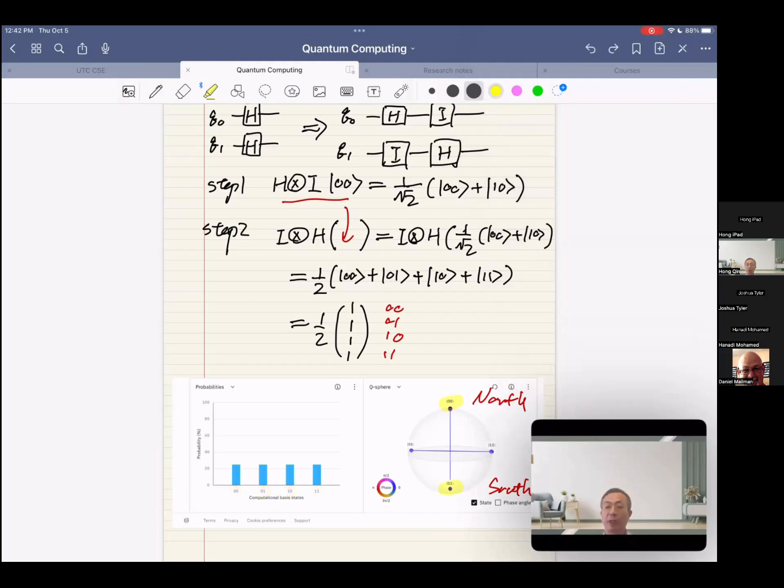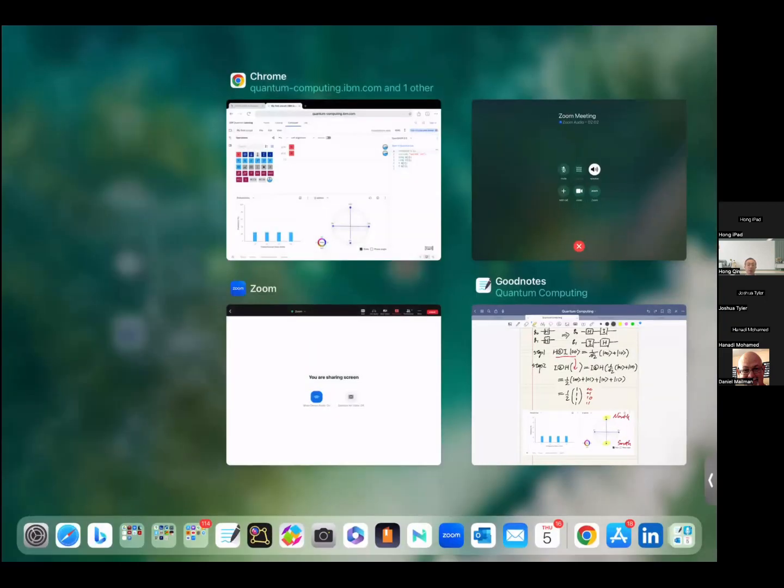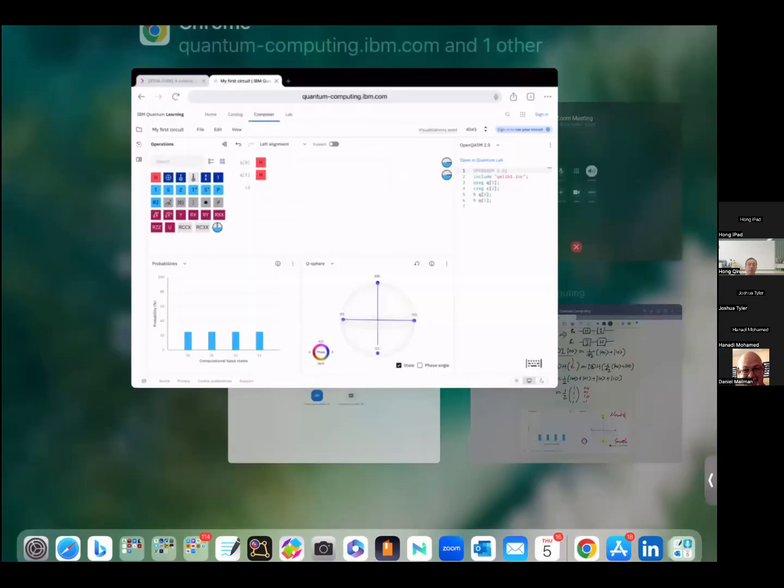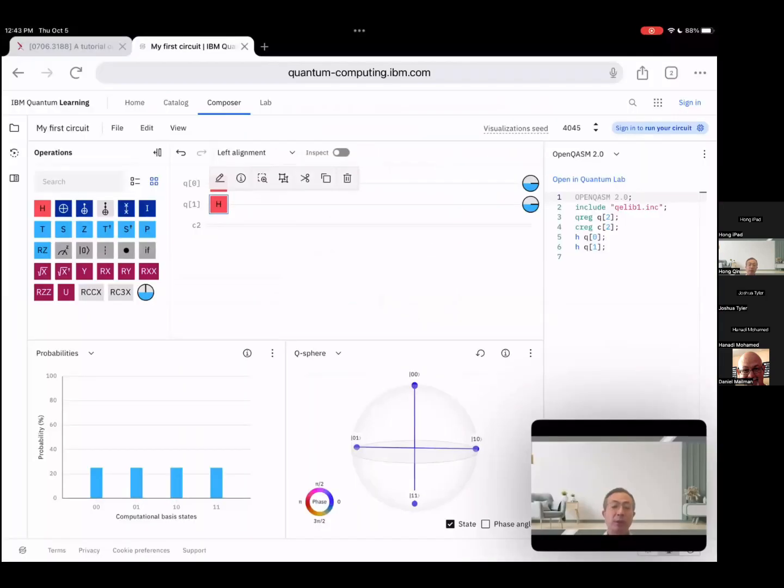If we go back to the quantum composer, for example, if I remove the second Hadamard gate, the Q1 should always be 0. You see which one is always 0? The first bit. So now in the IBM quantum computer, the first bit is 0, 0. So Q1 is 0.